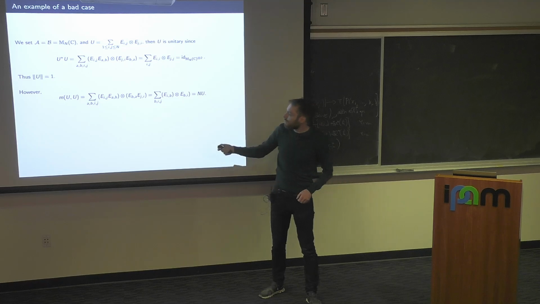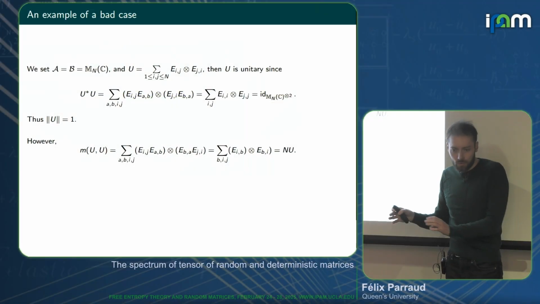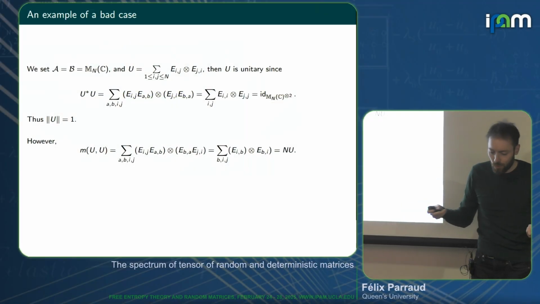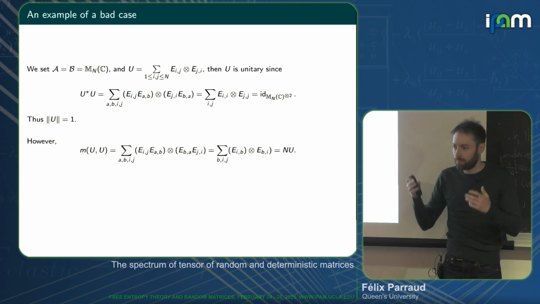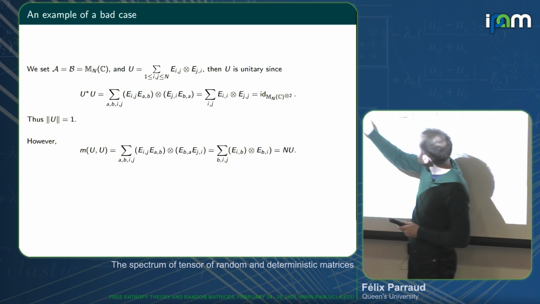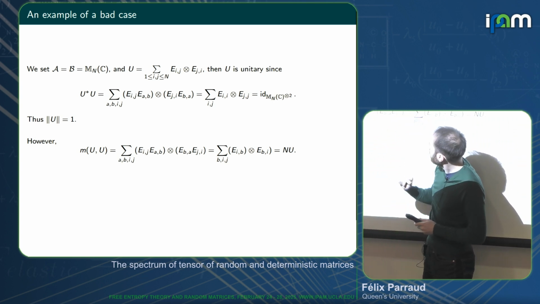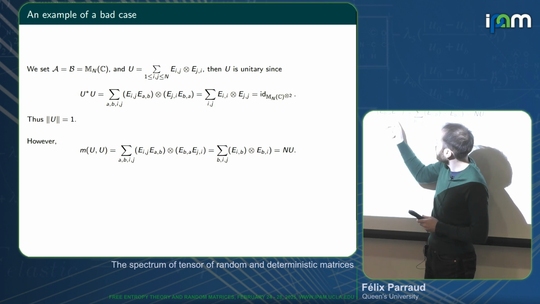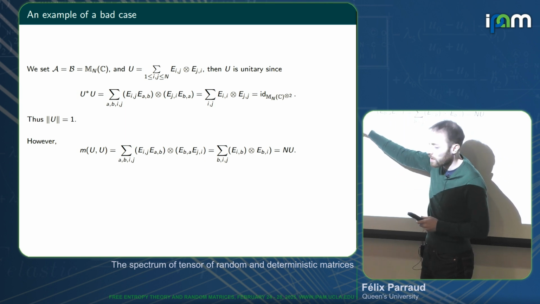But then if you look at M of U, so you're multiplying U by U in this weird A tensor B product, this time we've got to switch around those two. And suddenly, we do not have to impose that i equal b. We only have that a equal j, which we already have there.